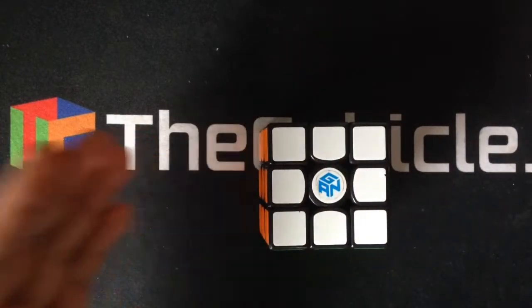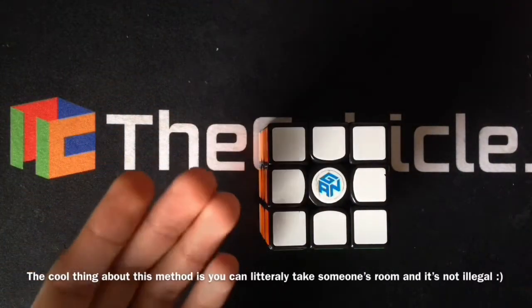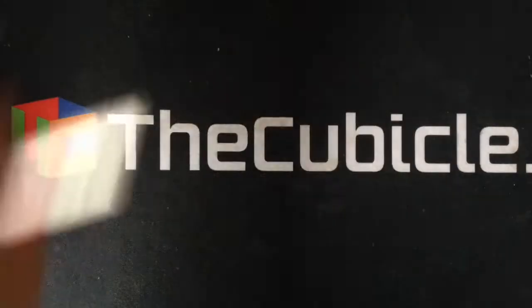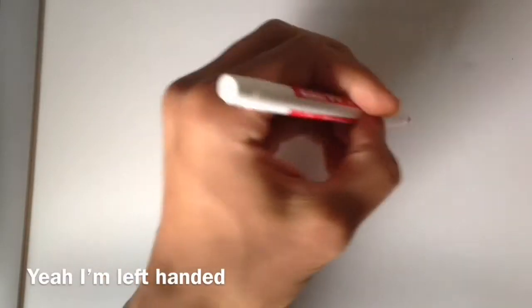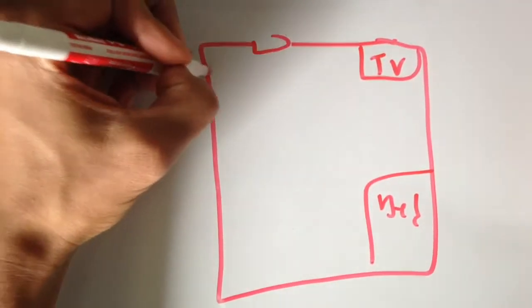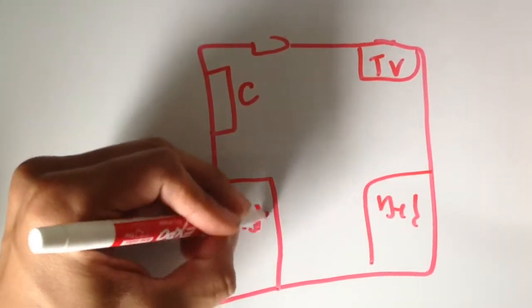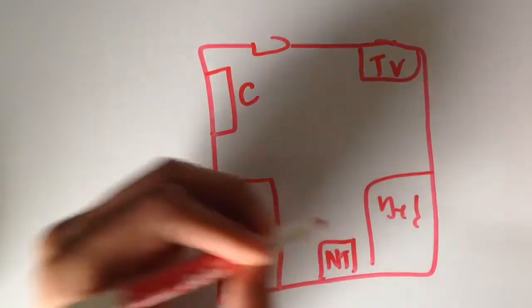So you basically take rooms and stuff, and let's take my room for example. Alright, let's take this diagram. This is my room. That's my bed, my door, my closet, my desk, and my nightstand.